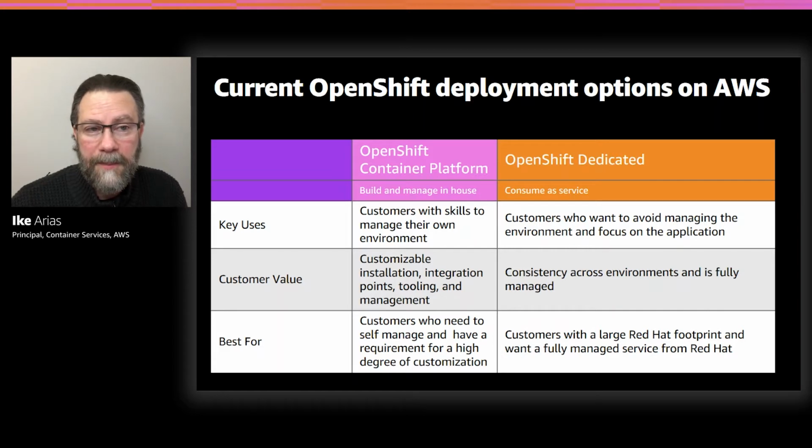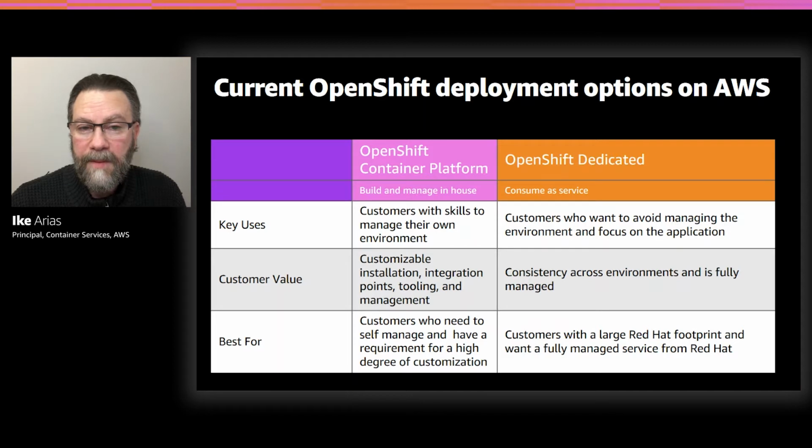OpenShift Container Platform, or OCP, includes an installer that facilitates this process, and Jeremy will expand a bit more on this. This is a great option for customers with a need to customize the cluster installation, integration points, and tooling, and who have the skills and ability to do so.